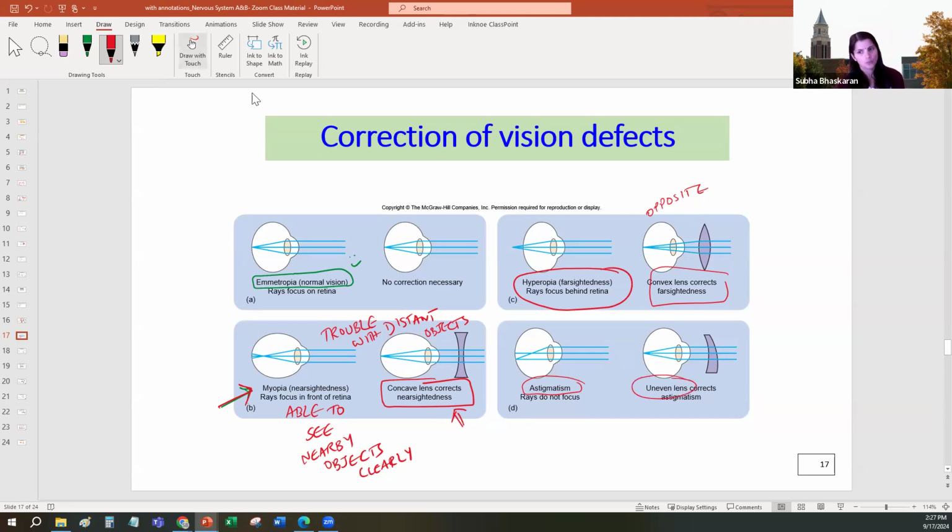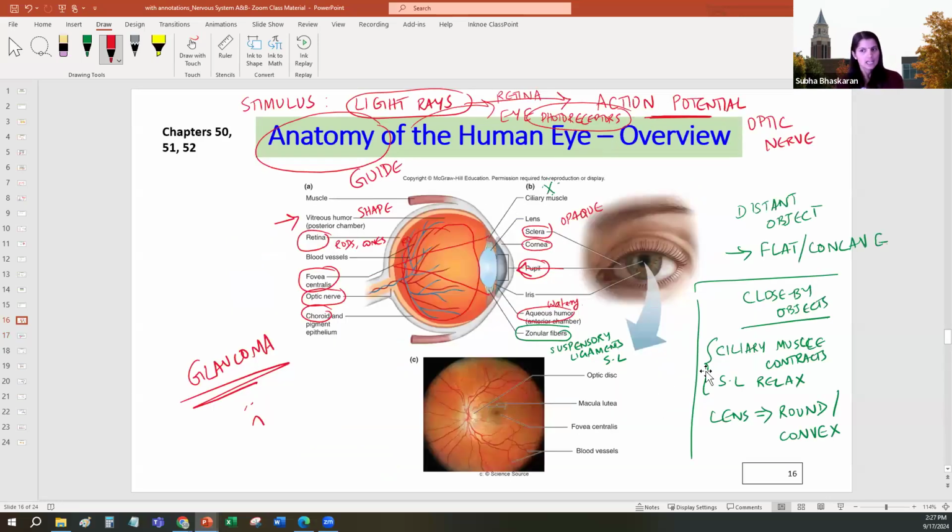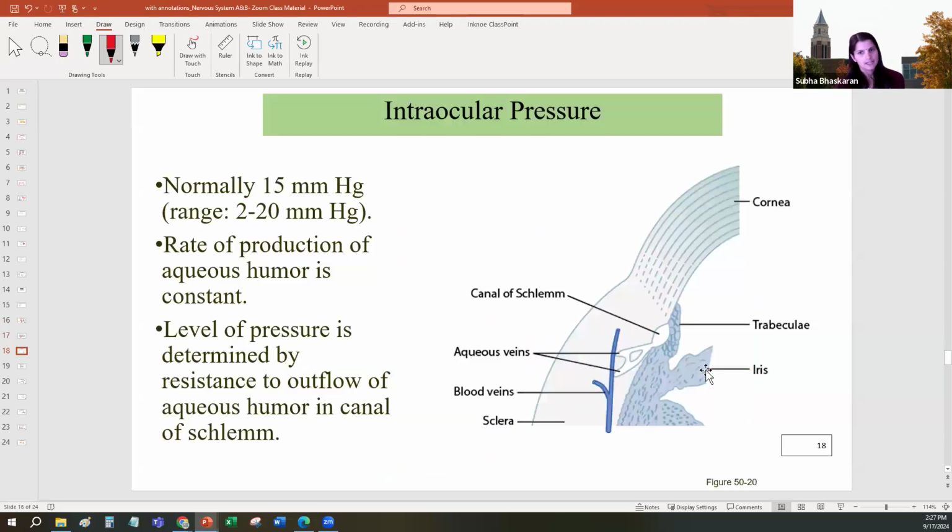Okay. So why understanding this helps: the mechanism. Okay. This intraocular pressure, IOP. The rate of production of aqueous humor has to be constant, yes or no? We don't want too much or too little of it, correct?